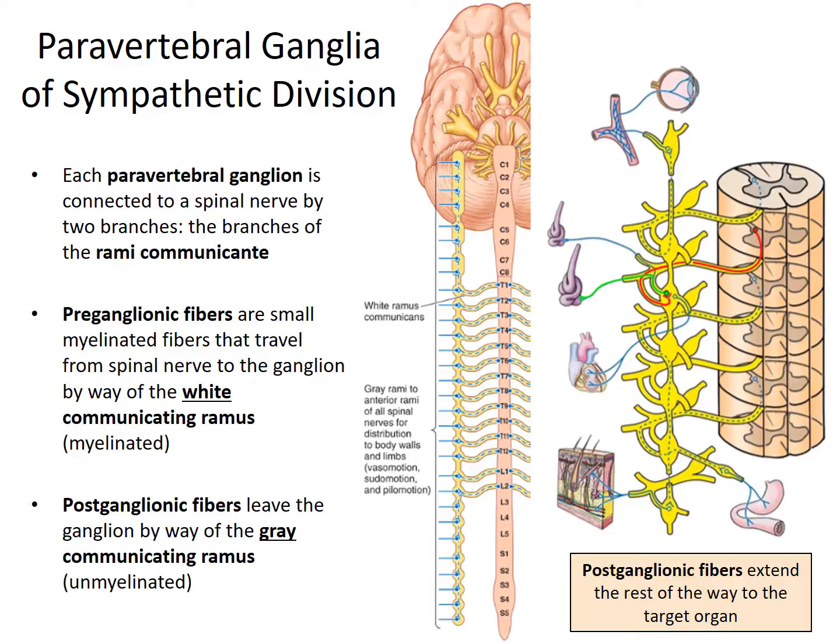So these are involved with the sympathetic autonomic nervous system. The preganglionic fibers are small myelinated fibers that travel from the spinal nerve to the sympathetic chain ganglion by way of a white communicating ramus. That's white meaning it's myelinated. You remember the white versus gray matter, white meaning myelinated.